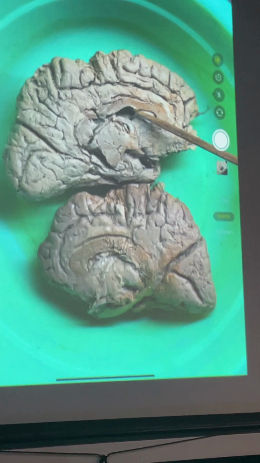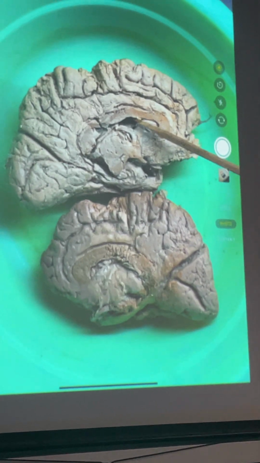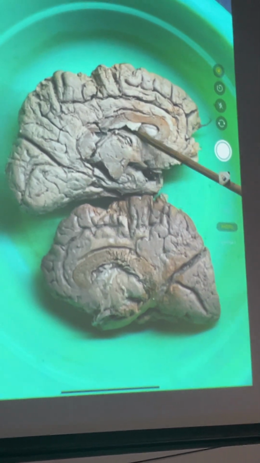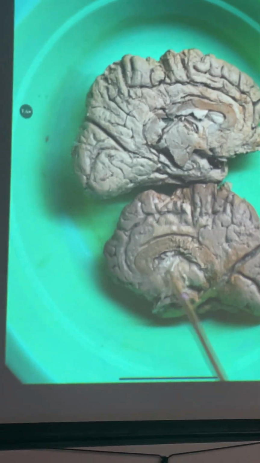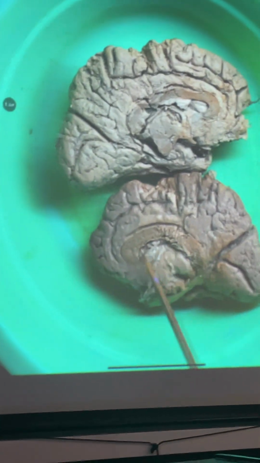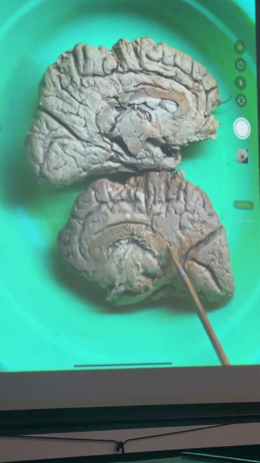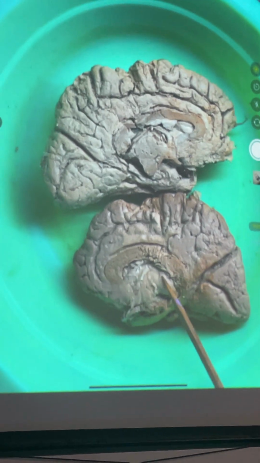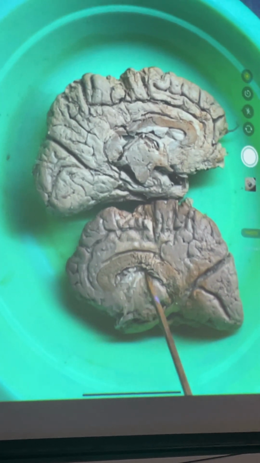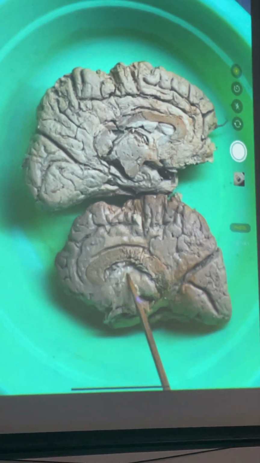That's the lateral ventricle. This is how it looks without the septum pellucidum. And just in between the corpus callosum and the thalamus is the fornix, which is this structure here.